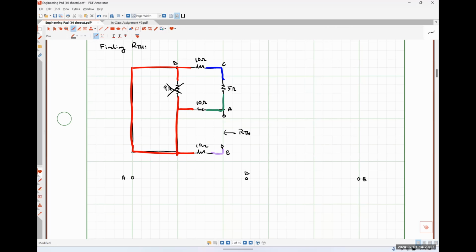From A to D is the 10 ohm resistor. This one right here. From D to B is this 10 ohm resistor. And then we have an alternate path to go from A to D that goes through node C. So to go from A to C is this 5 ohm resistor. And then from C to D is this 10 ohm resistor up top.